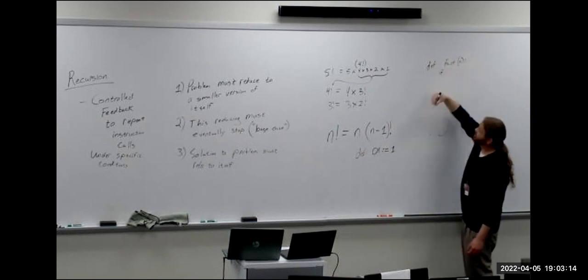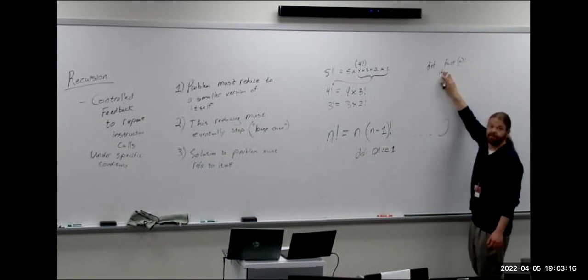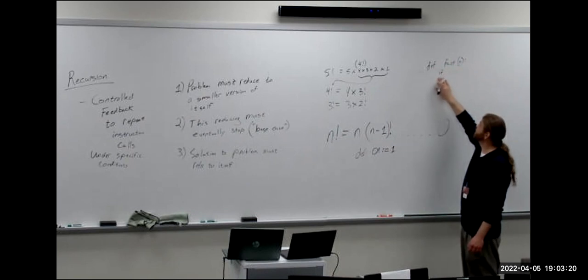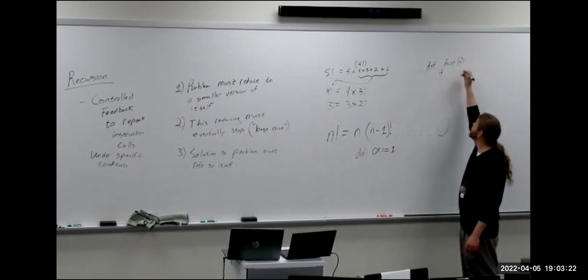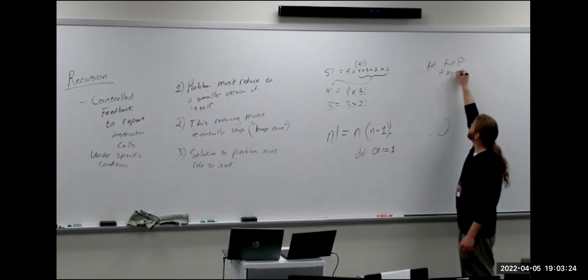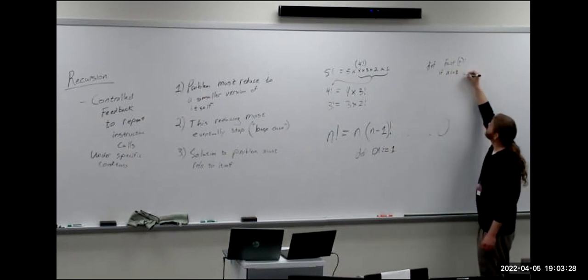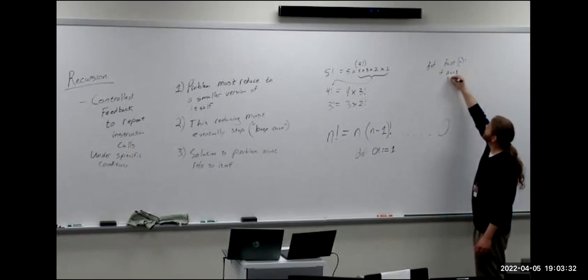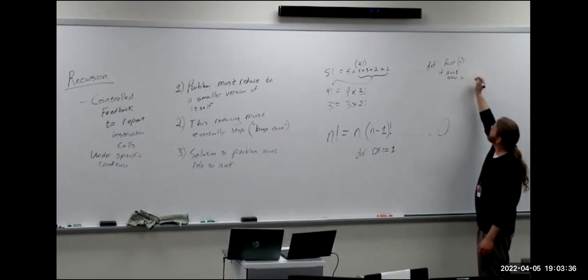We just check and see if we're at the base case. So the first thing we always do in a recursive function is check our base case. So if n is less than or equal to 1, we return n.